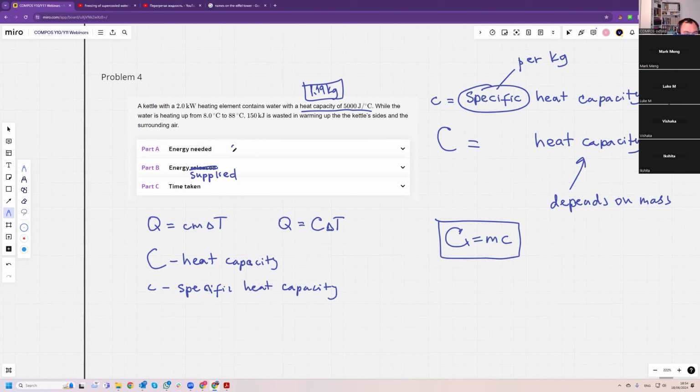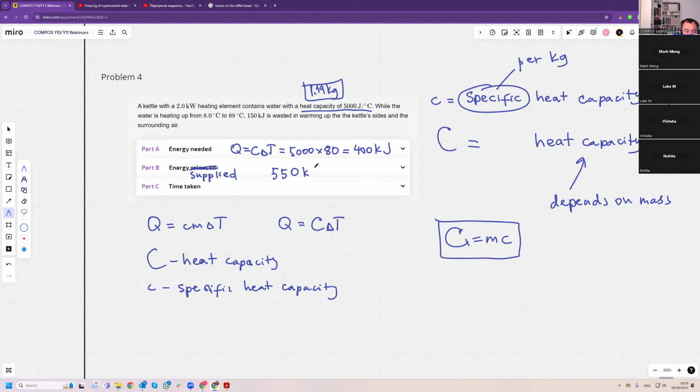What we need is Q equals C delta T, which is 5,000 times 80 degrees, because that's the change in temperature. 5,000 times 80 is 400 kilojoules, 400,000 joules.